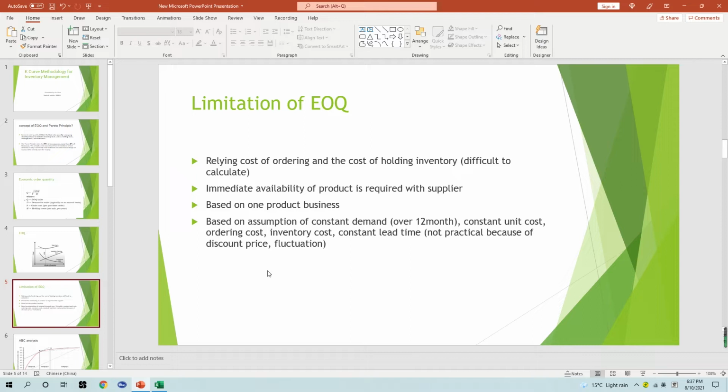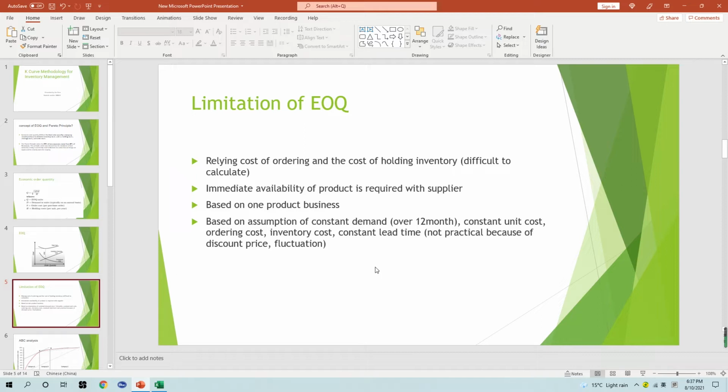This formula is also based on a one-product business. Again, it's very hard to find in real life that you only have one product in a business.